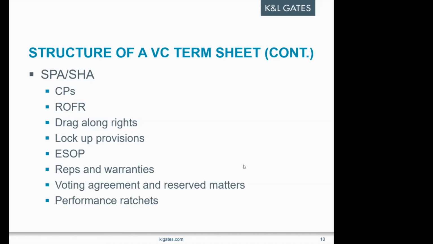Generally speaking, CPs are included to cover the conclusion of a satisfactory legal, financial, and in some cases a technical due diligence exercise. They may also be subject to satisfactory customer references. And what is considered satisfactory in relation to the customer references or the due diligence exercises is up to the investor and their discretion.